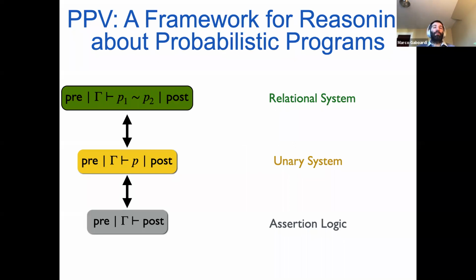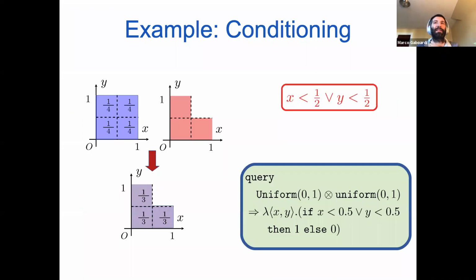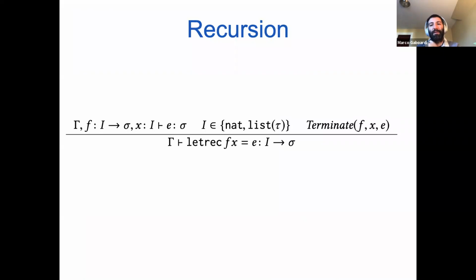Okay, so this was an overview of the grammar. Now I want to go more into the three layers of our framework. But first, let me spend a few words. The requirements I mentioned before, probabilities, conditioning, higher order, and also probability distributions over the reals, make the setting quite difficult to reason about, because as some of you know, finding a good semantics for this kind of setting took quite a while.